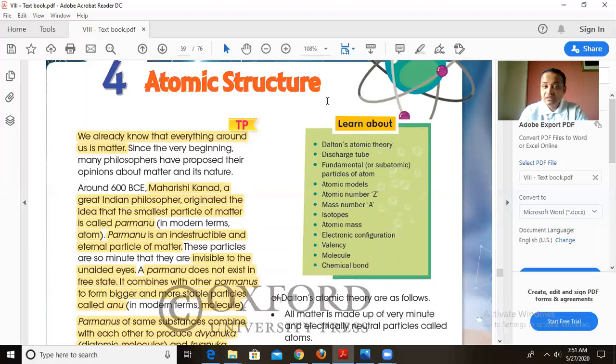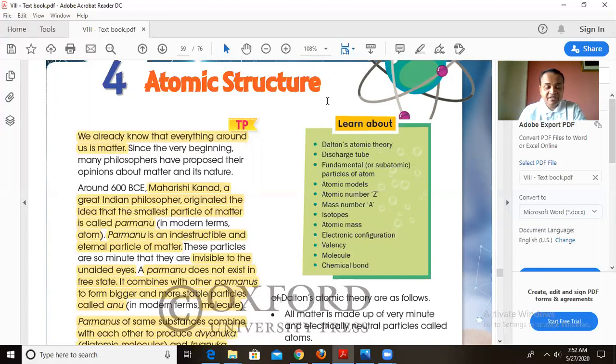So dear friends, the first thing, introduction of this chapter. Why we are going to study this chapter, what we are going to study, and how we are going to study this chapter. Firstly, why? The physical and chemical properties of any matter are dependent on the types of atoms that are present.